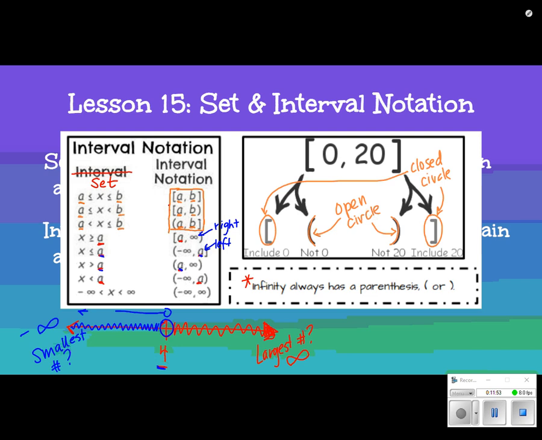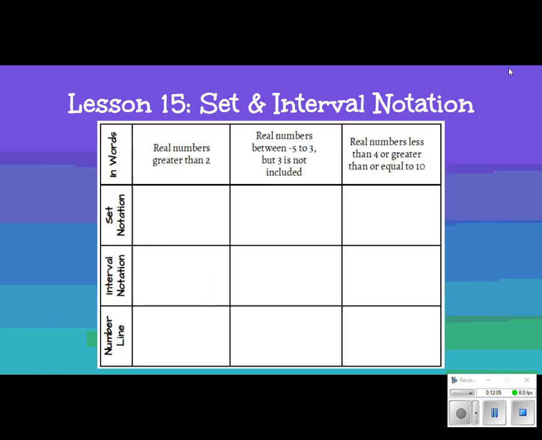All right, but infinity and negative infinity always have a parenthesis because you can't ever actually get to infinity or negative infinity. So we're going to practice reading. We're going to practice writing some of these. All right, so we're going to start in word form. We're going to get this into our set notation, which is something we're familiar with.